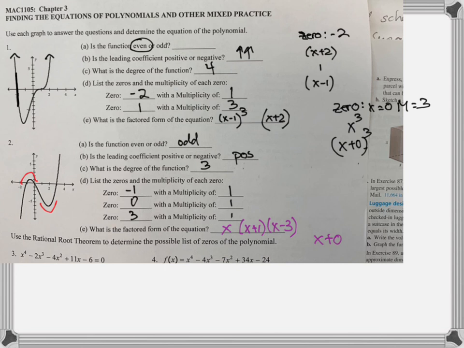So what we're doing now, we are talking about finding the actual zeros. We did synthetic division, 3.4 and 3.5 is on finding the zeros.